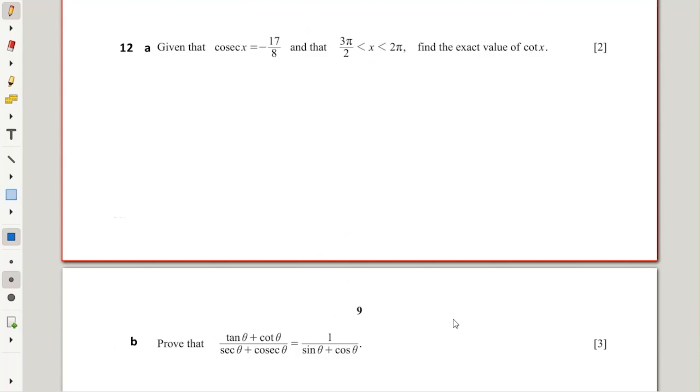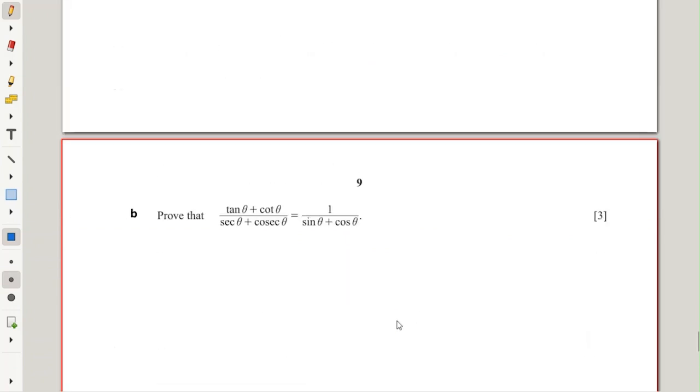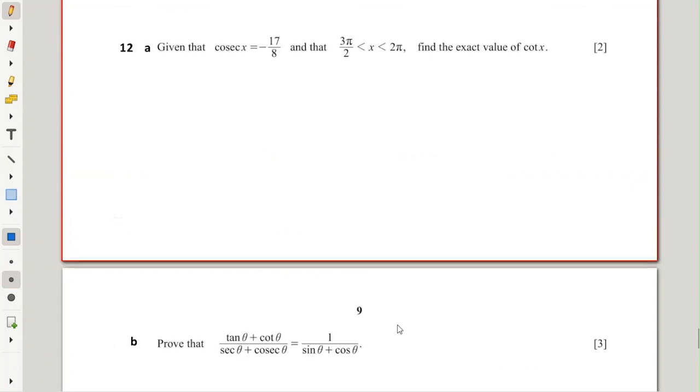Question 12. You have to solve this and find the exact value of cot x. So this is the same as 1 over sine x is equal to negative 17 over 8. So in other words, if I find the reciprocal of both sides, sine x is equal to this.